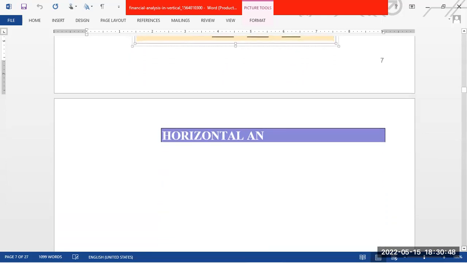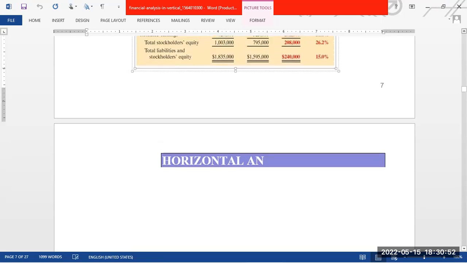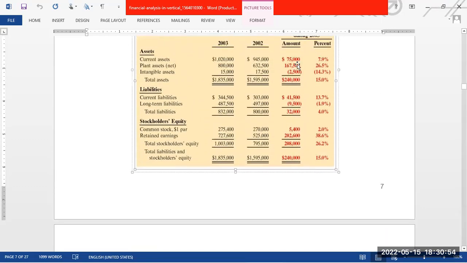That is all to do with the horizontal analysis tool in financial statement analysis. You simply take current year minus base year divided by base year. And I have said base year is always the previous year. Current year is the year we are in. A good example, we are in 2022 and last year was 2021.